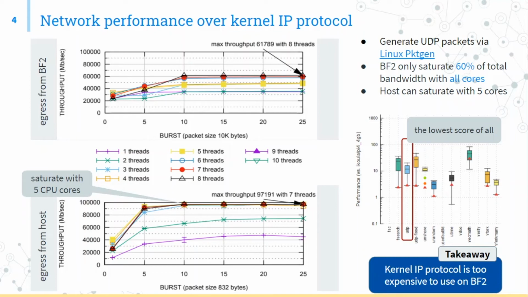This means the traditional kernel IP protocol is not efficient and too expensive to be used by the BlueField-2 card for network communication. We also conducted a general operations performance evaluation using the stress-ng utility. The UDP stressor test shows the UDP network performance of this card using the kernel IP protocol is even worse than a 12-year-old general purpose server.